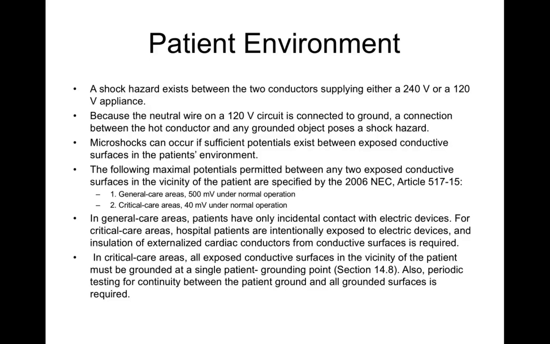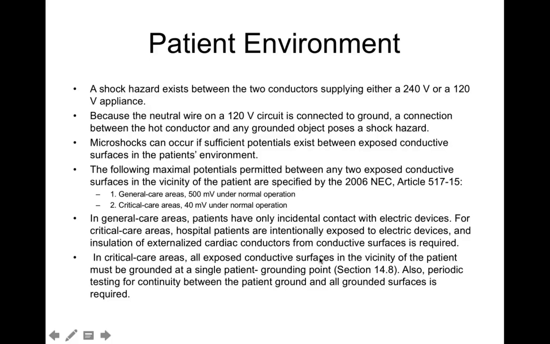There's more potential for coming into contact with hot wires and surfaces, and so because of the greater potential for that, the specification for exposed wiring potential differences is significantly lower. So it's a risk analysis kind of procedure.